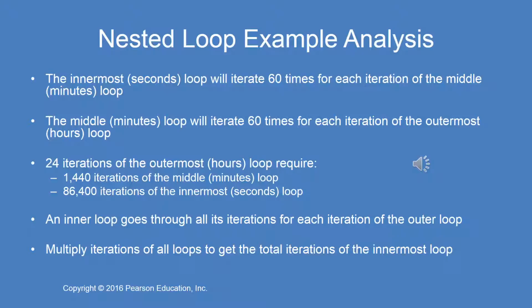So 24 iterations of the outermost loop requires 1,440 iterations of the middle minutes loop, or 86,400 iterations of the innermost seconds loop. An inner loop goes through all of its iterations before it ends for each iteration of the loop it's nested within, okay? So multiple iterations of all the loops to get to the total iterations of the innermost loop. Got that?